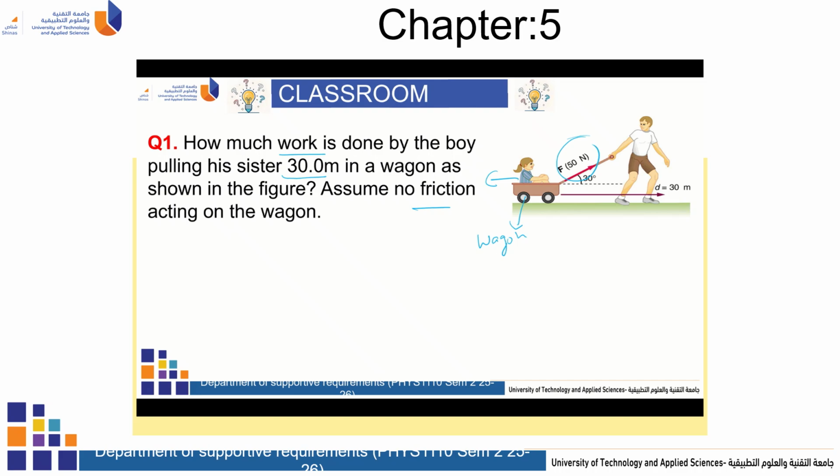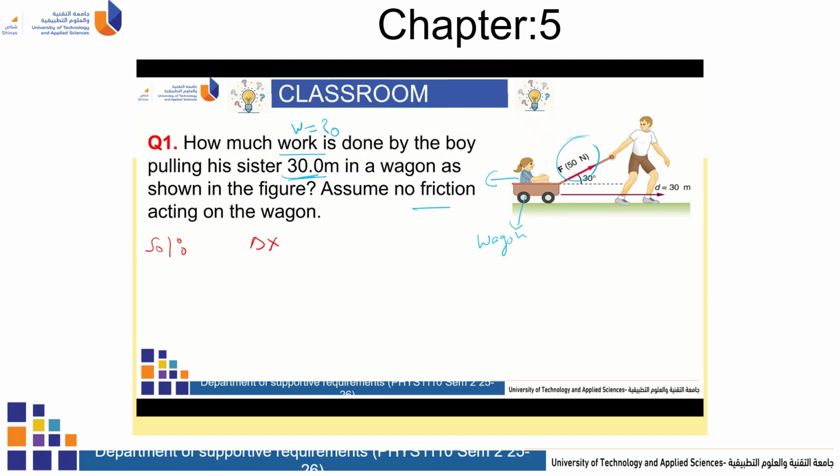Here we have to find the work. What is the value of the work, and the displacement is given. If you find the solution of this, what is given here? The given is the displacement.